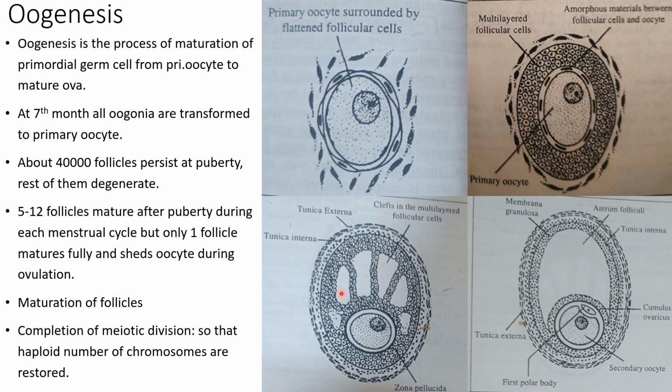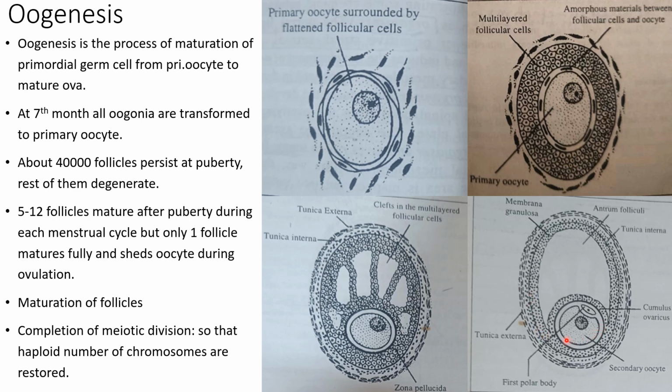These fluid-filled cavities will coalesce to form a large cavity known as antrum folliculi, and the fluid present in this antrum folliculi is known as liquor folliculi. Okay, so the secondary follicle, in which the cavities are there, is now converted to a mature Graafian follicle. Now let us see the structure of the mature Graafian follicle.